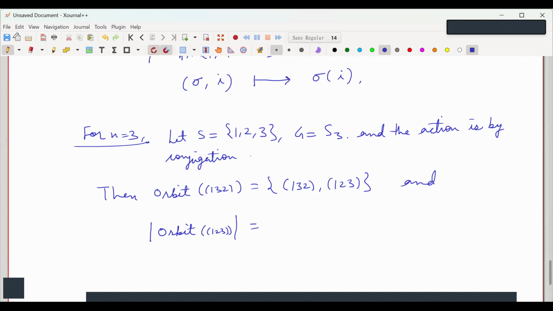So their orbit size is 2, but the size of S is 3, right? So here the size of the orbit is not dividing the size of S. Clear?